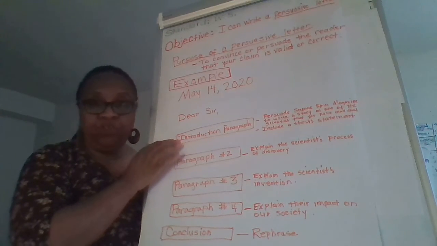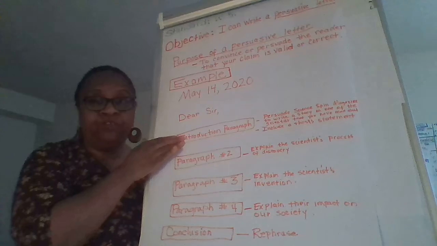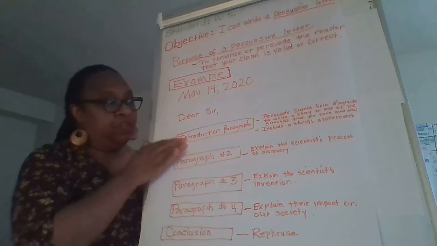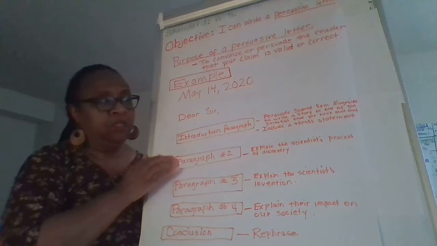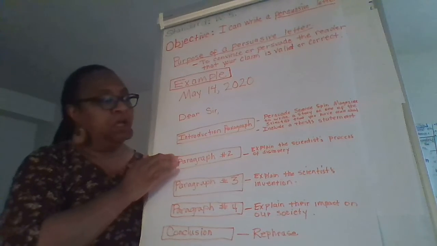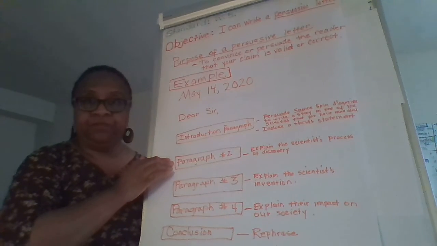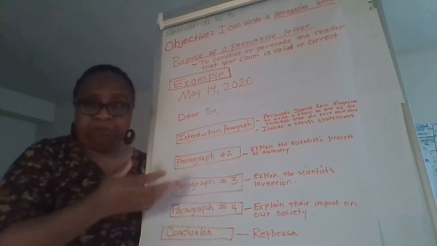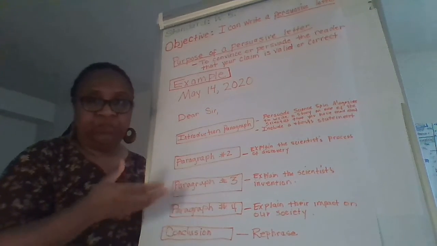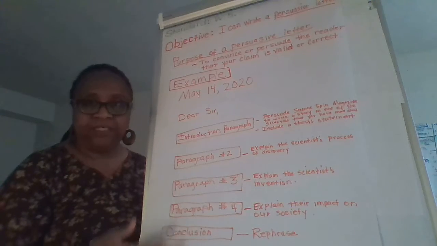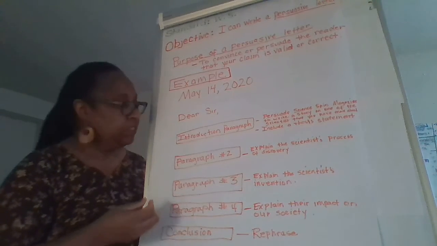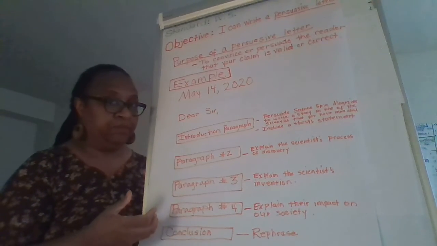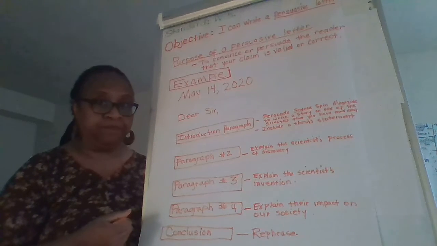And then after you make that clear in your introduction paragraph, then you're going to start explaining the scientist's process of discovery. How did they get to the process of that discovery? What prompted them to go through the process of discovery? What was the interest about? Tell me about that process.